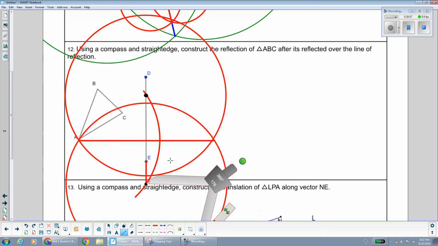And right through those intersection points, we have our perpendicular line. And that's where point A prime is going to go. It travels perpendicularly an equal distance across the line of reflection. That's what the reflection does.